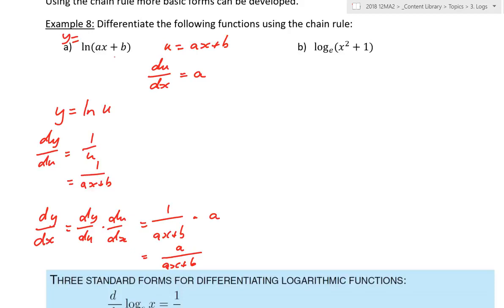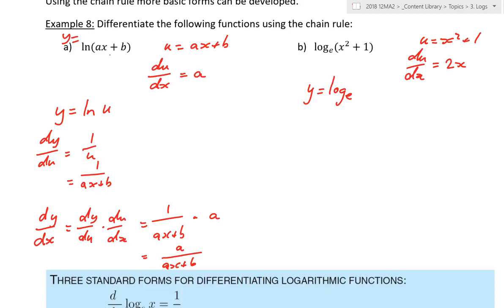Nice, look at that. Now this one's going to be slightly more complicated, but not too much so. Again, I'm going to say u equals x squared plus 1, so du/dx equals 2x. y equals, I've used log base e here. Don't be fooled into thinking there's something different, they're not.